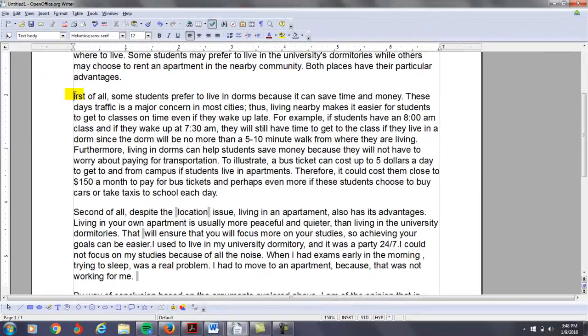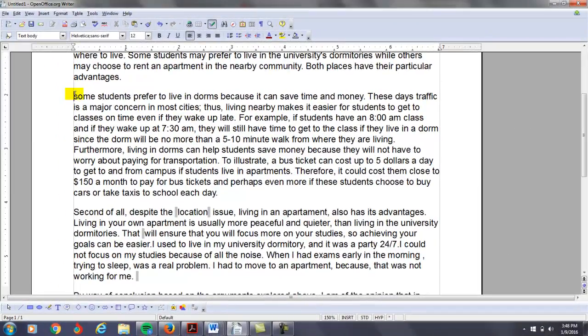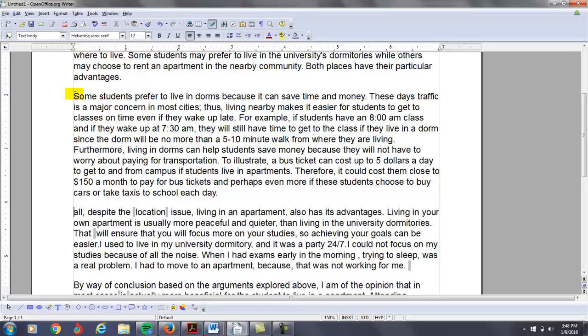Yeah, I'm going to go ahead and get rid of this first idea here, because you have to use a transition word to show how this idea is different from the other.